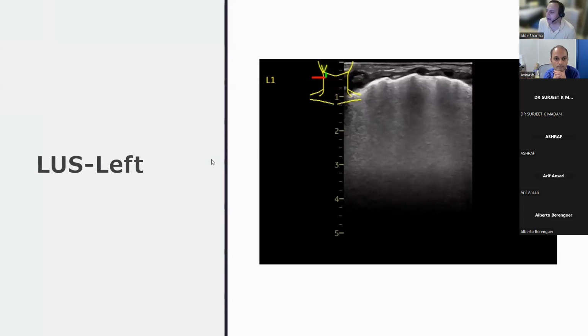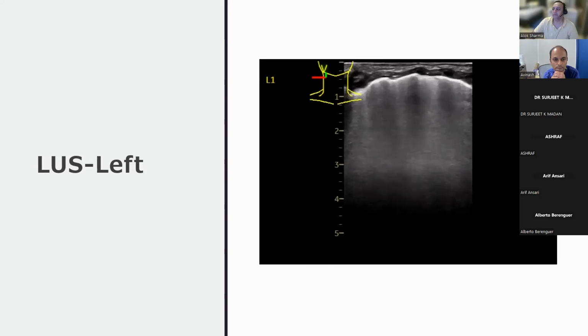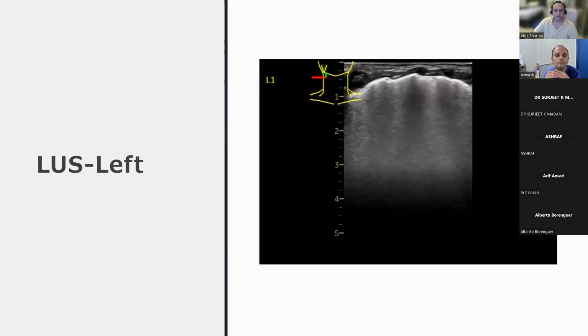So Arif, this is L1. In L1, I can see three ribs. The pleural line is visible, and there is some lung sliding I can appreciate, isn't it?